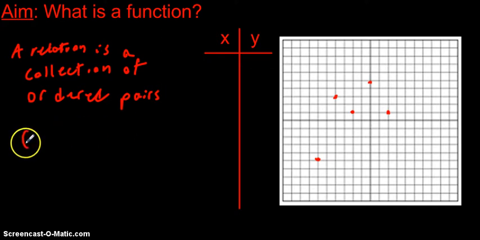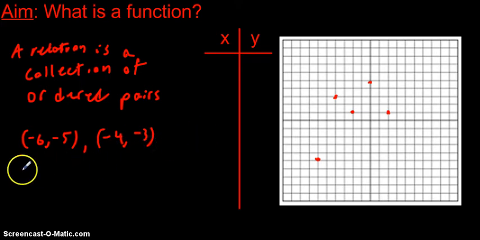Okay. So that would be -6, -5, and what is this? This is -4, -3. -2, 1.